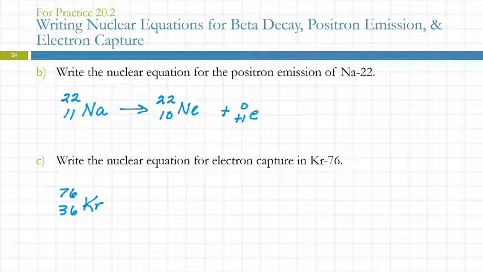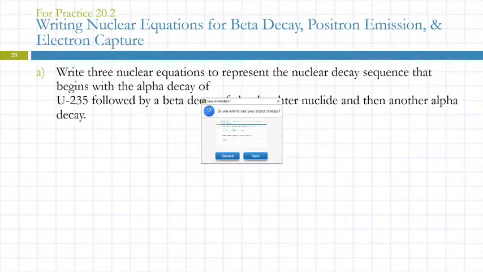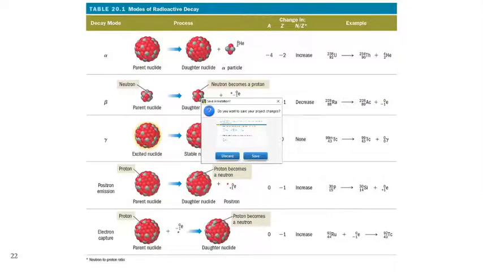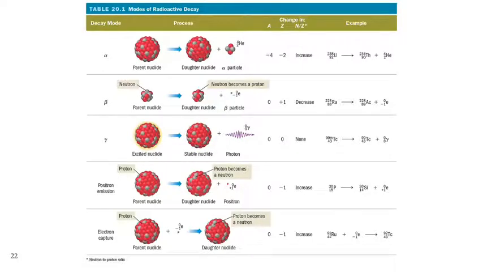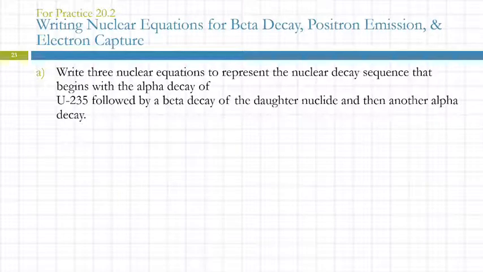And then this is one that I kind of have a hard time remembering. I was wondering if it's nicely shown in the back of the book, but they don't. So this chart is helpful. Electron, now I forgot what I was doing. Was I doing electron capture? Yes. Okay.